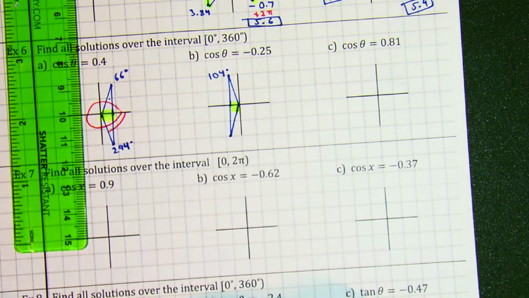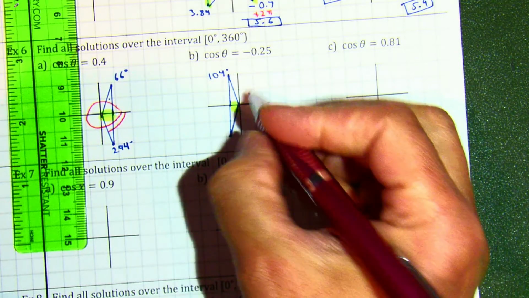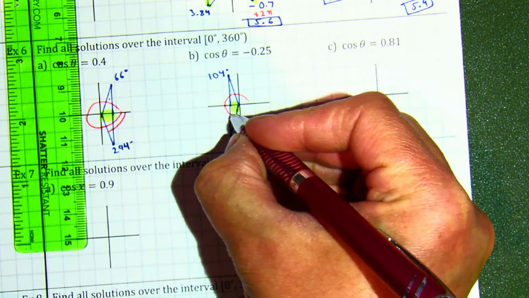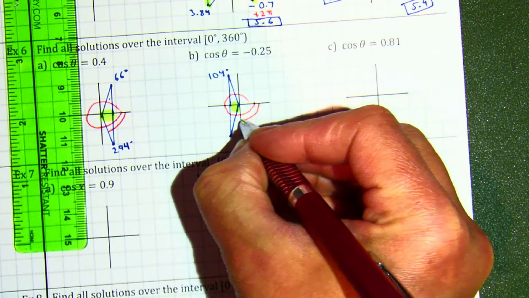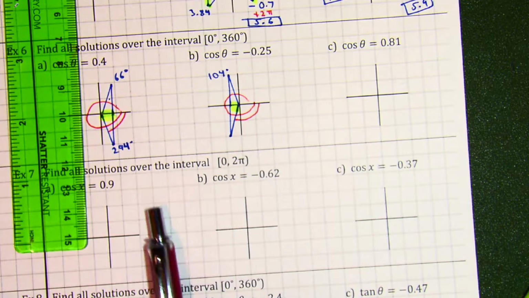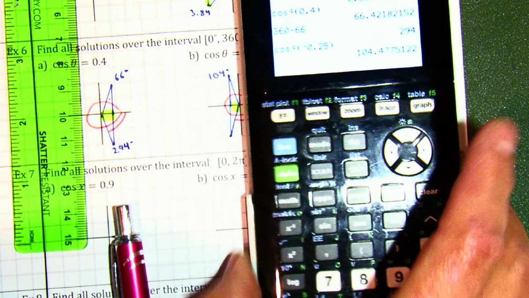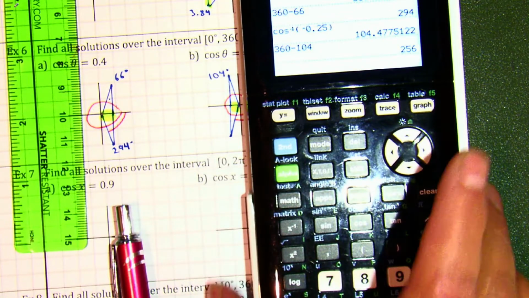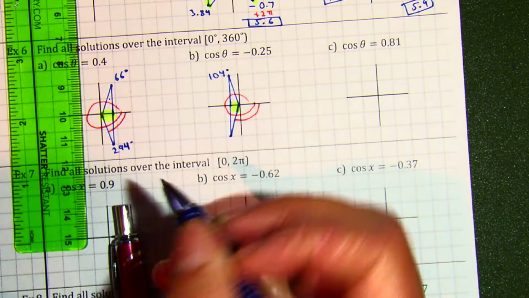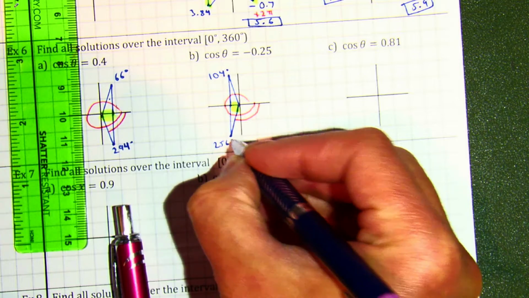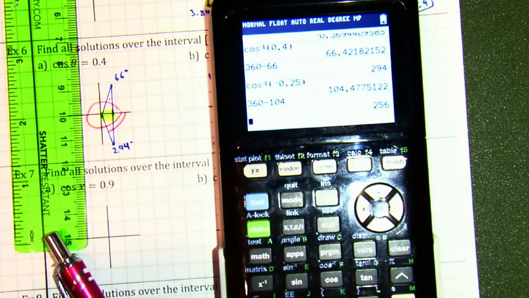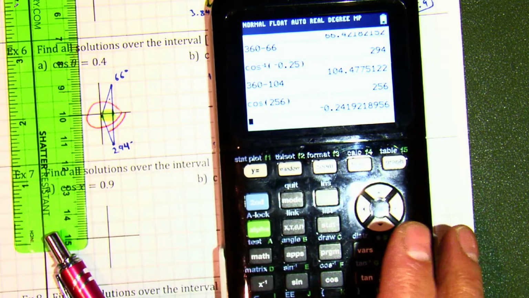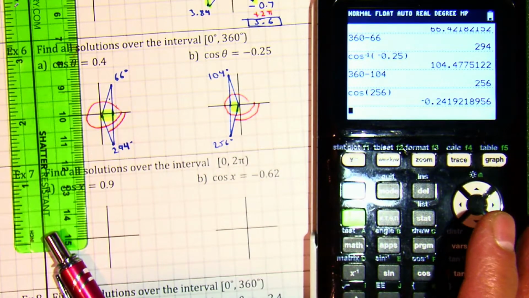To be able to find it, I'm going to go 360 minus this angle, which is 104. That's 256. And yeah, that angle looks like 256 degrees. Once again, if I want to confirm it, I can do that, and that is an approximation just because of our rounding.